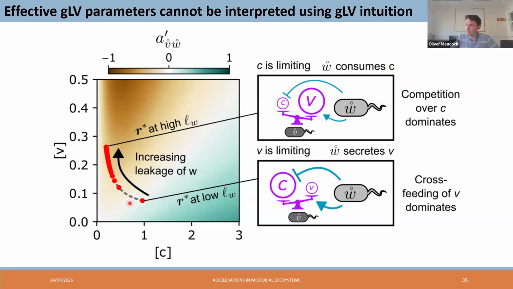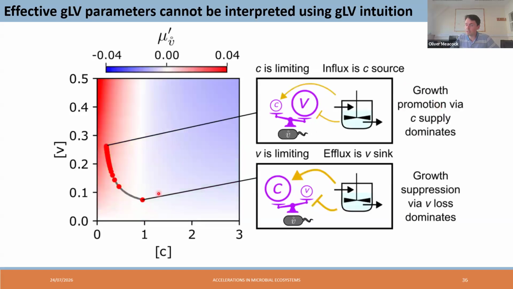Whereas over here, we are in an amino acid limited environment, and we know that the interaction partner secretes that amino acid. So we should expect the positive cross-feeding interaction mechanism to dominate. So that's driving the counterintuitive relationship of the biotic accelerations. Basically, as we increase the secretion rate of the amino acids, we have increasingly strong competition over the carbon.